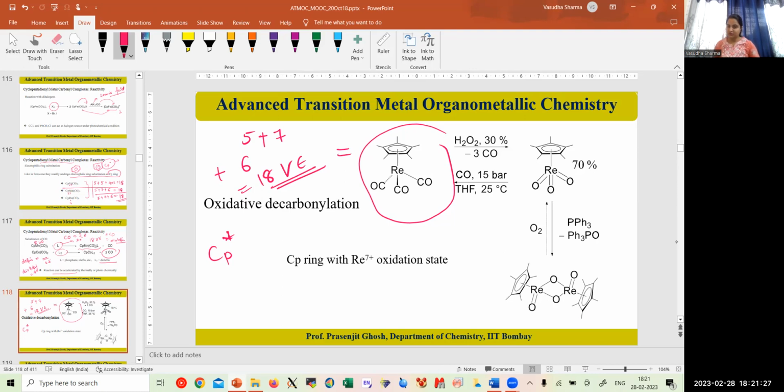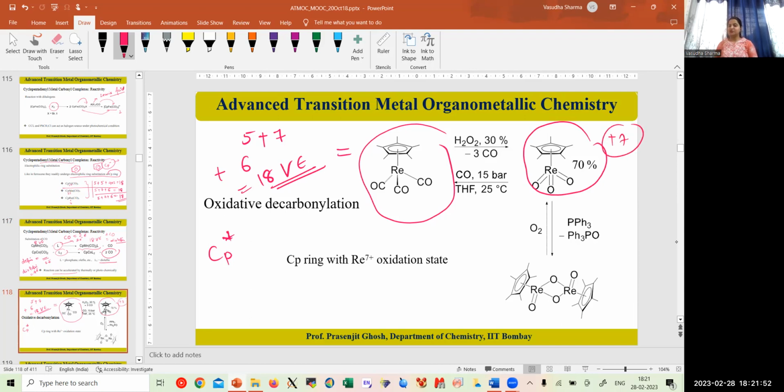Now, in the presence of H2O2, which is a well-known oxidizing agent, this oxidizing agent will give oxygen to rhenium with the loss of carbon monoxide, and therefore we have rhenium double bonded to O, where it is in the +7 oxidation state.